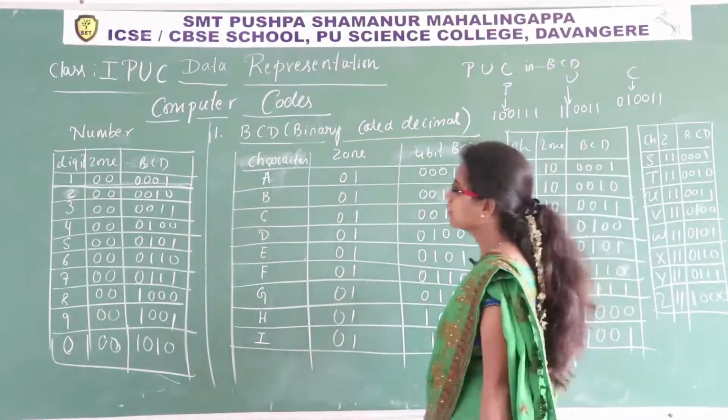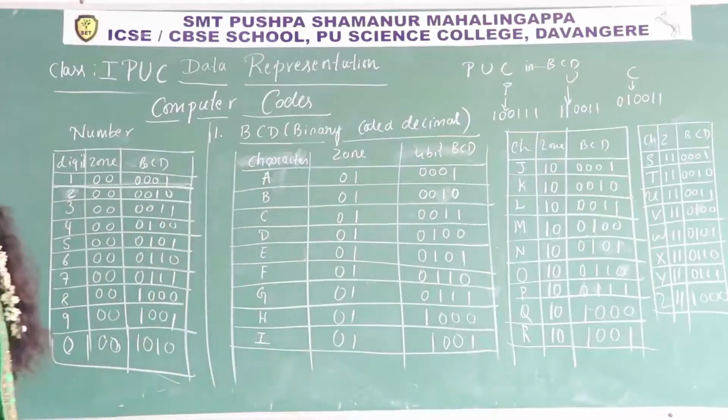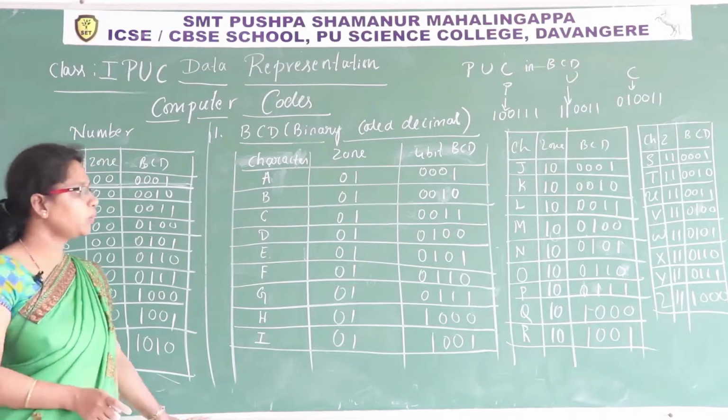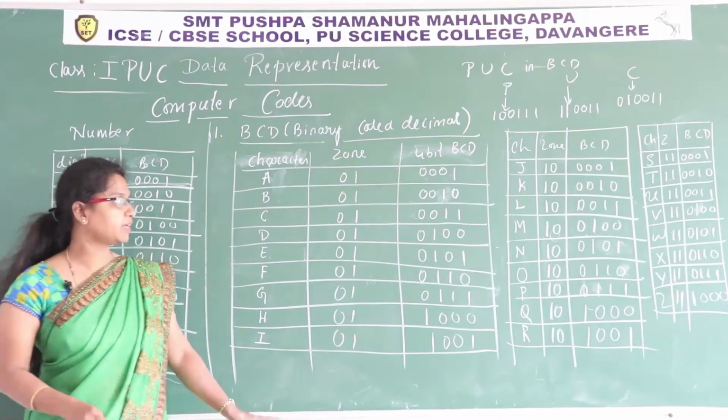So this becomes the BCD of the given data. That is how PUC is written in BCD. I hope you understood this BCD code, binary coded decimal.